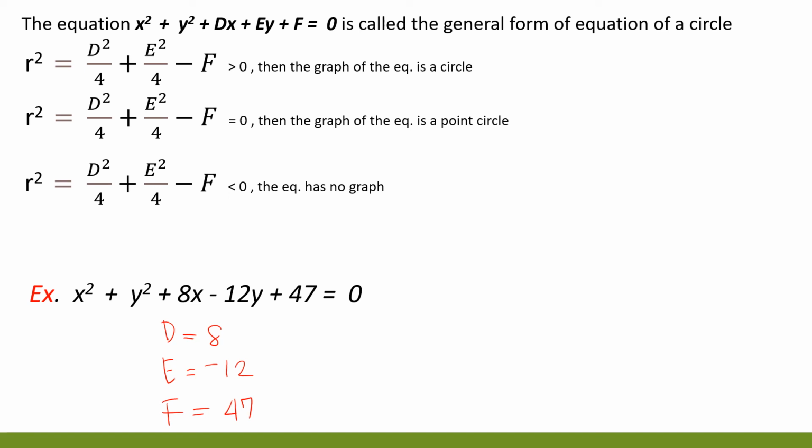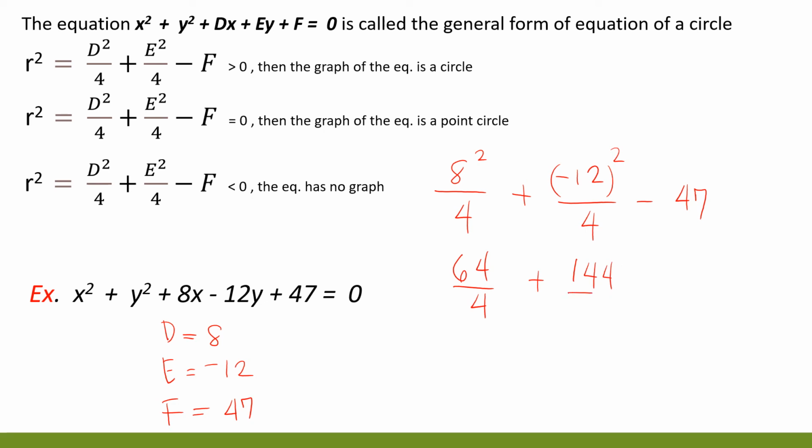Okay, continue. D squared, so we have 8 squared over 4 plus negative 12 squared over 4 minus 47. 8 squared is 64 over 4, while negative 12 squared is 144, then over 4 minus 47. We can cancel 64 and 4 by 4. 64 divided by 4 is 16.